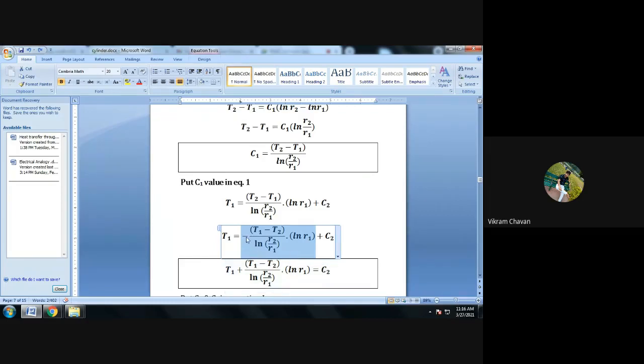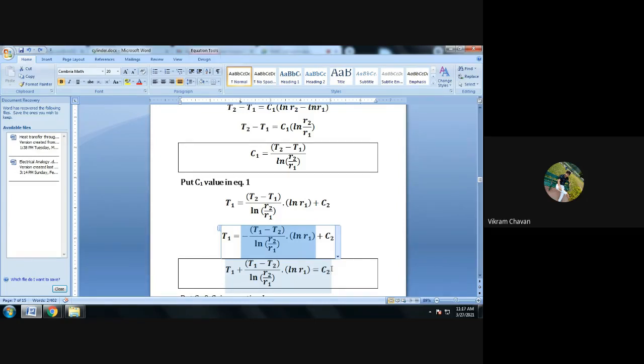When we shift this term to the left side, the minus sign becomes a plus. So C2 is equal to T1 plus T1 minus T2 whole divided by ln of R2 divided by R1, multiplied by ln of R1. That will provide the C2 value.